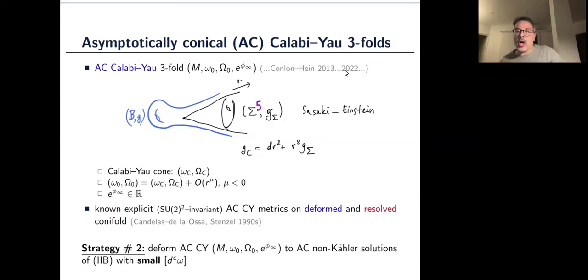Given that you have lots of Kähler solutions of the 2B system, one possible strategy to produce new non-Kähler solutions would be to deform an asymptotically conical Calabi-Yau manifold to some asymptotically conical non-Kähler solution with small torsion, measured for example by asking that the cohomology class of dC omega is small.